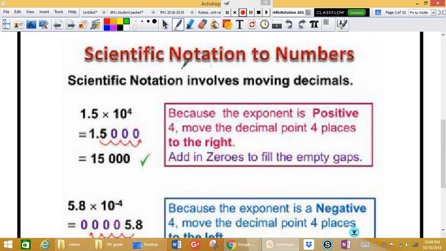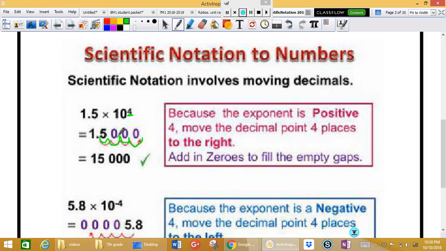Scientific notation to numbers. So scientific notation involves moving decimals. Because the exponent is a positive 4, so because this is positive, we need to move it to the right 4 places, because I need my number to be bigger than 1. Because it's positive, it can't start with 0 point. So then I have to add in zeros to fill any empty gaps.